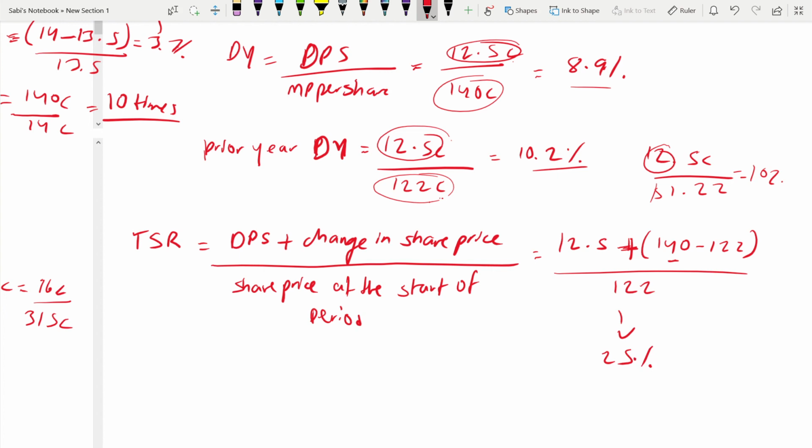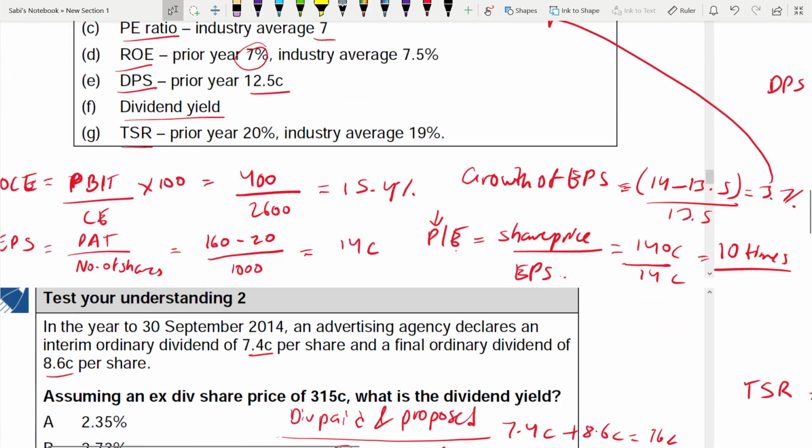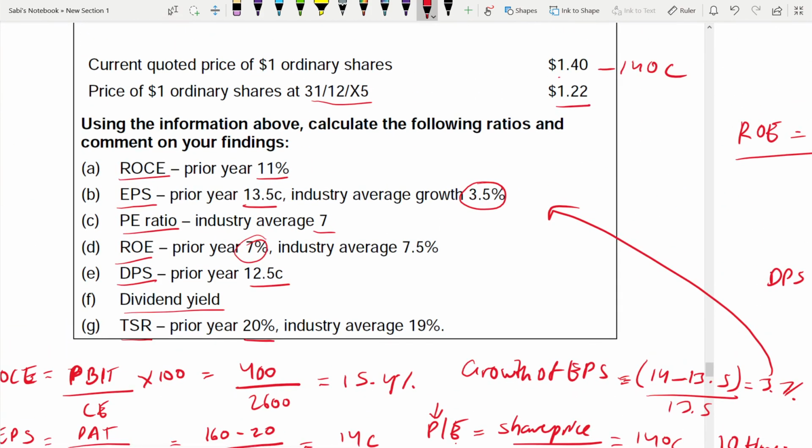Okay. If you see here, what is it? It's 20% last year, but this year is 25%. That means it's good. Industry average is also 19%. So now, what does it mean? The overall TSR is above the industry average. It's 25%, which is above 19%. It's good. And also, compared to the prior year it's increasing. So this can be explained by an increase in share price which supplements the dividend received.